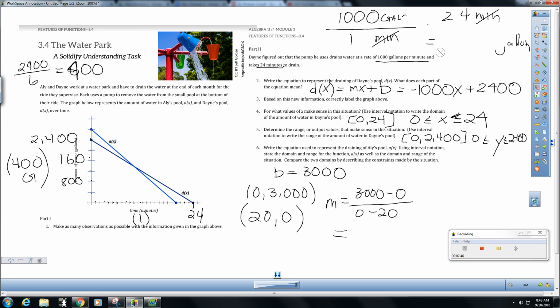Maybe you caught that way earlier than I did. Okay? This should be 24,000. And this should be 30,000. So the slope is 1,500 per minute. Okay, there we go. Sorry about that.